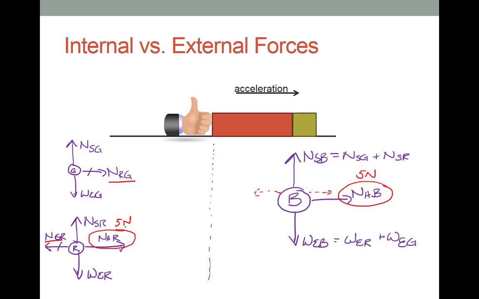That makes this one over here that's circled a 5 Newton force. Okay, the red block will use a portion of that 5 Newton force to cause it to accelerate, and it will work out such that the piece it uses is enough to give it the proper acceleration.